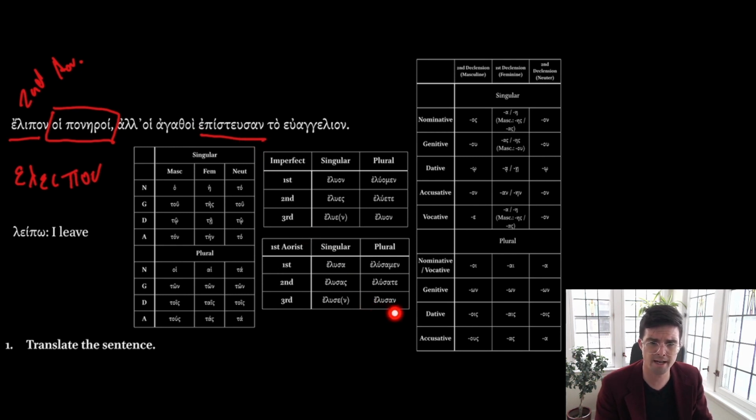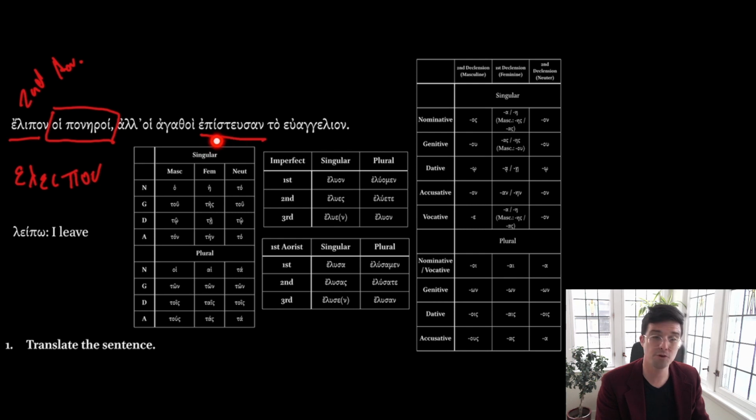And with the san ending, it's going to be third person plural from the verb pisteuo, which we were introduced to a couple weeks ago. So they all did not believe. So in the simple past tense, did not believe. And then we need to figure out who it all, or sorry, there's no not here. They all believed.